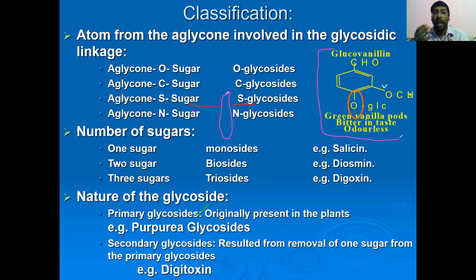And nowadays we are totally synthesizing this compound. Because of its flavoring property, we have gone into mass production of this compound in our laboratory. And this very simple molecule helps us to tell where the glycosidic linkage is, where the glycone portion is, and where the aglycone portion is.